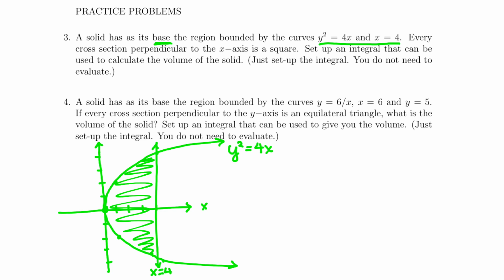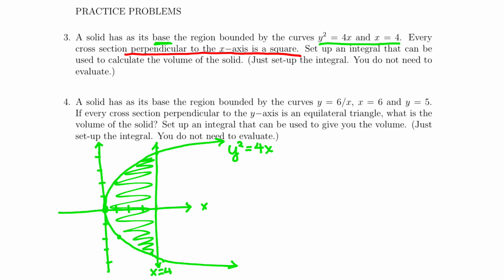I've got a region. And on that region, what am I doing? I'm stacking cross sections. I'm slicing sections perpendicular to the x-axis that are squares. That's the next important piece. The first important piece is what region we're going to be stacking on. The second piece is how are we stacking and what are we stacking? We're stacking squares.